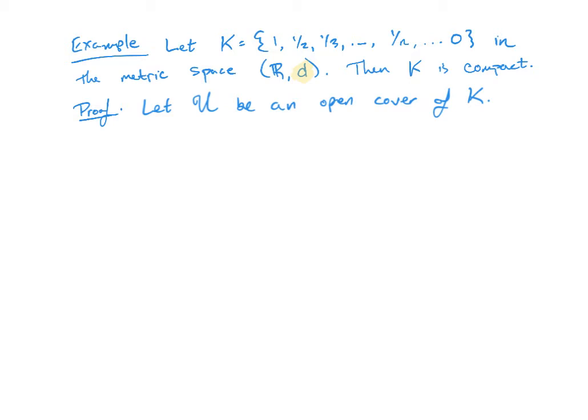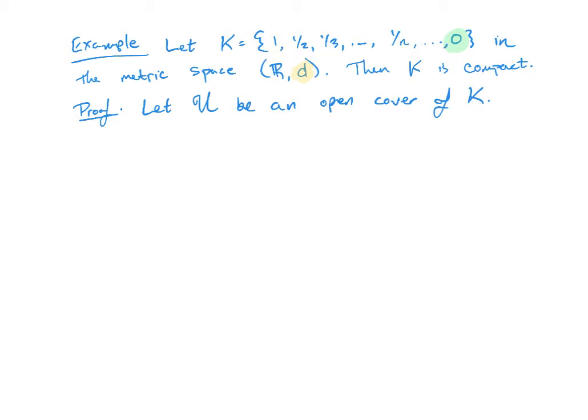So we get to use the fact that every point in K has a neighborhood in at least one of the sets in script U. And in this example, the point to start with is 0.